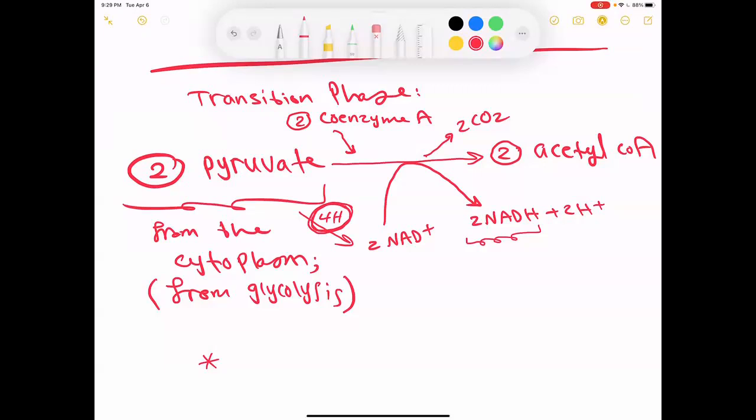But it is also getting decarboxylated because you're taking carbon away from it.